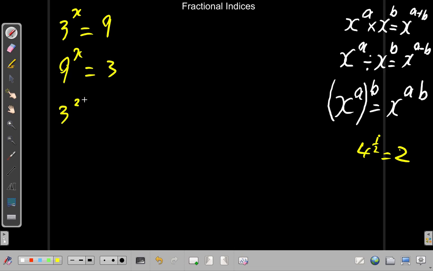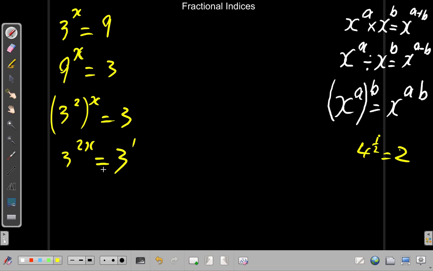So it's 3 squared to the x equals 3. Now, we have to multiply the indices: x to the a and that to the b is x to the a times b. So 3 to the 2 to the x means 3 to the 2 times x. So 3 to the 2x is equal to 3.